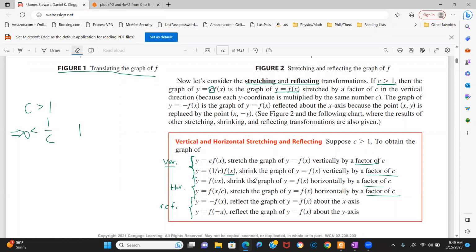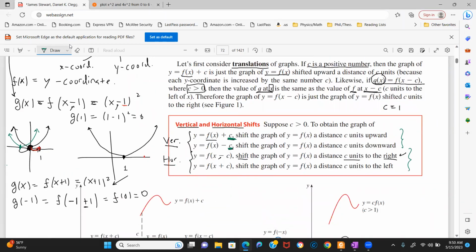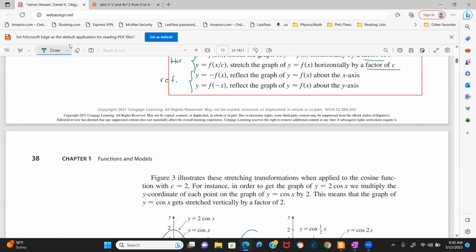For this, it's good to have a model also. The vertical stretching is sort of easy to figure out, just like with the vertical shifting. It's the horizontal case that could be a little tricky.